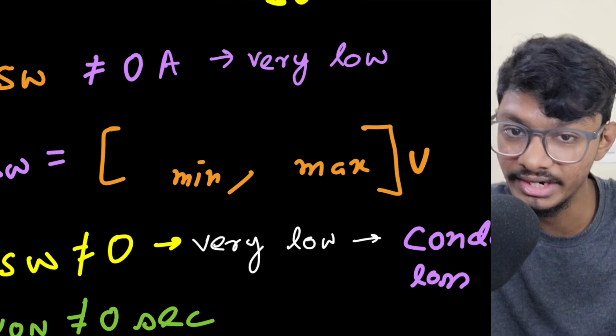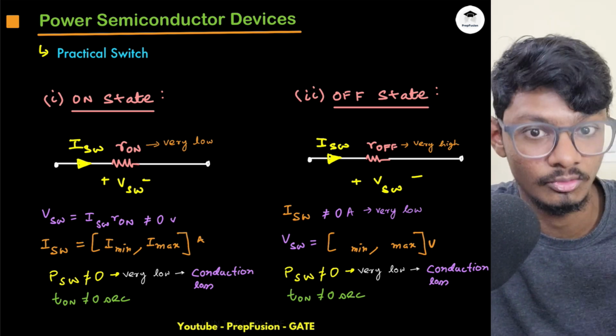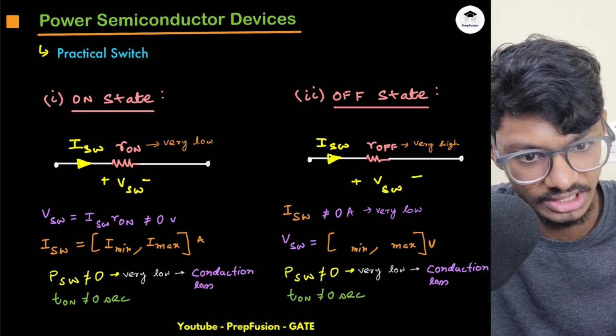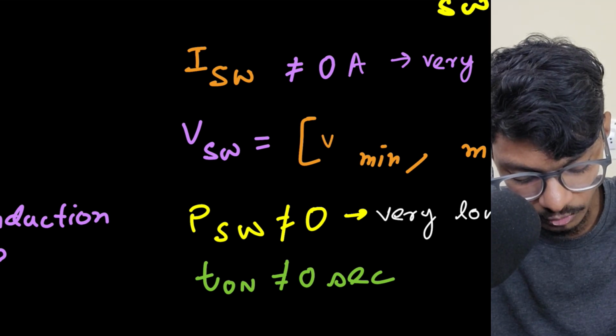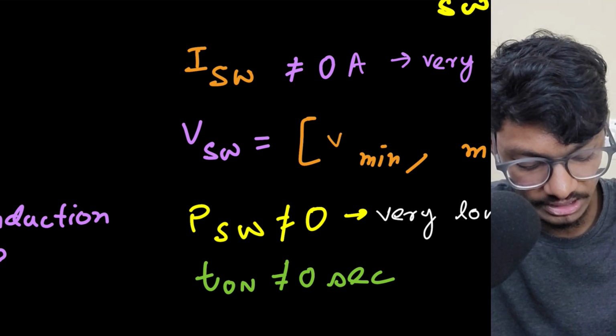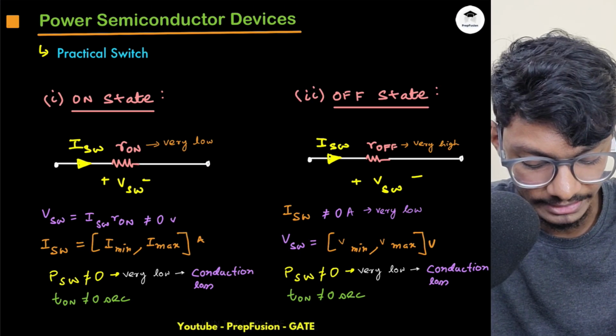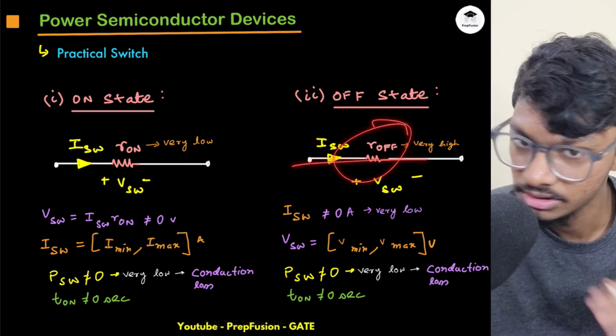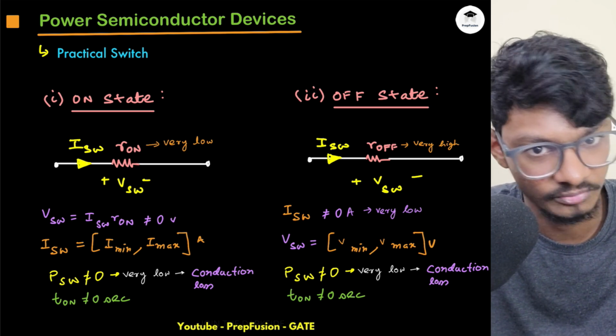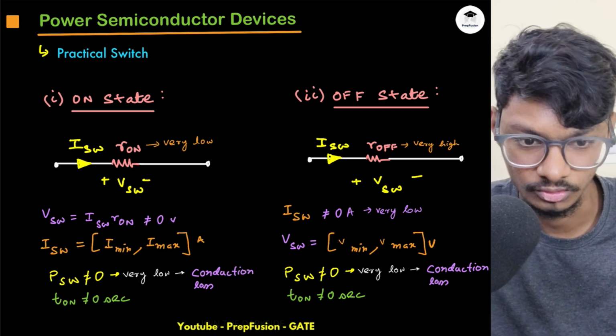I cannot provide infinite reverse voltage because there will be avalanche breakdown, and the device will get damaged. So there will be some minimum and maximum reverse voltage that I can give, for which the diode will work properly and it will be off and some low amount of current will flow, else there will be breakdown and a huge amount of current will flow. We know this from diode physics, if you have studied it.